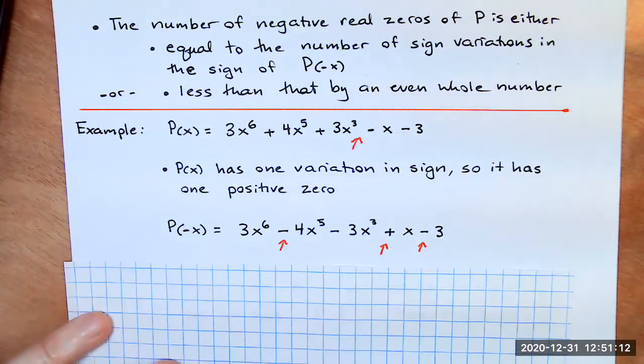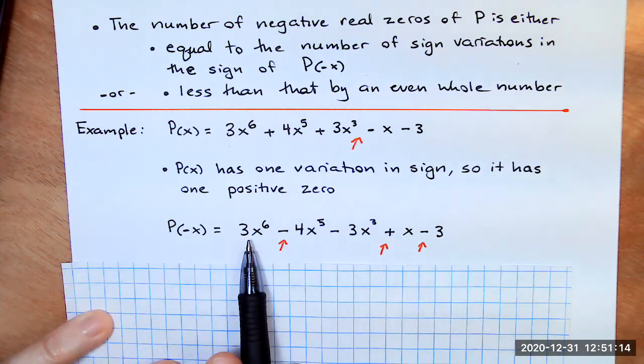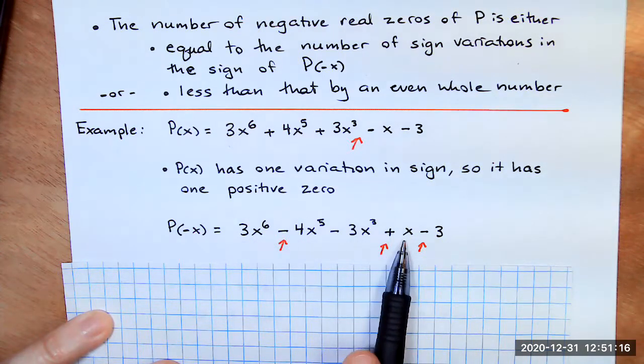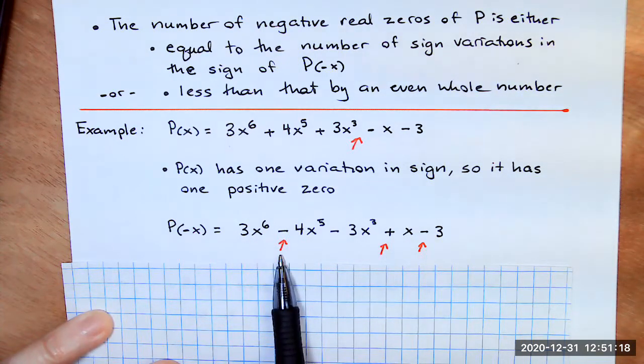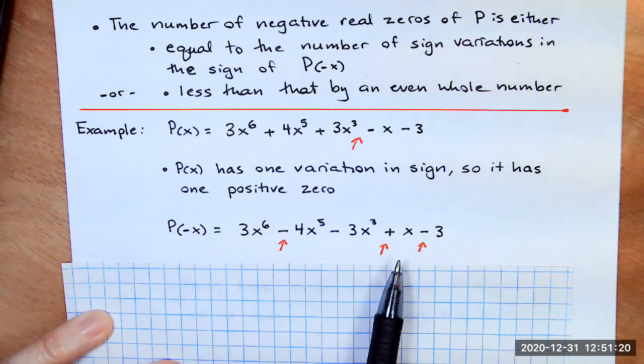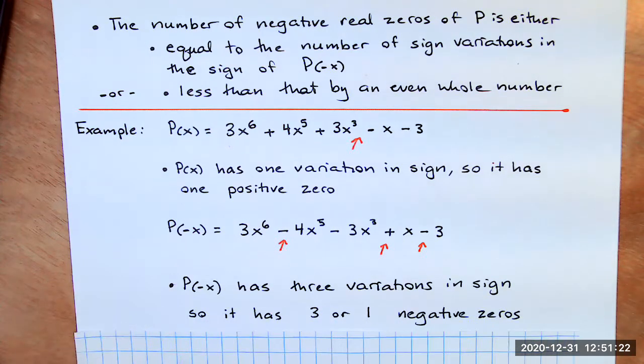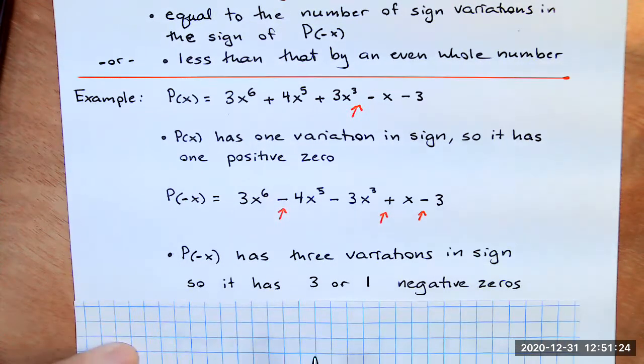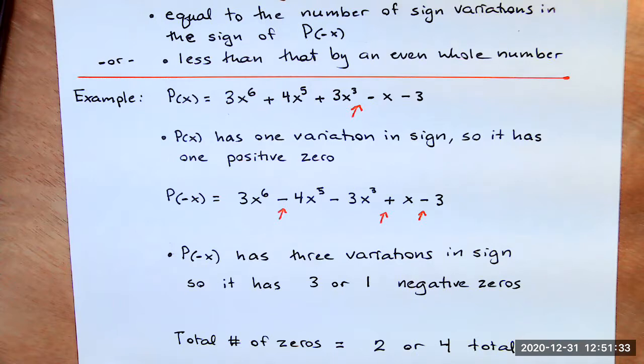Well, it changes here, here and here, so it changes sign 3 times. So there are either 3 negative zeros or 1 negative zero. So the total number of zeros is either 2, 1 positive, 1 negative, or 4, 1 positive, 3 negative.